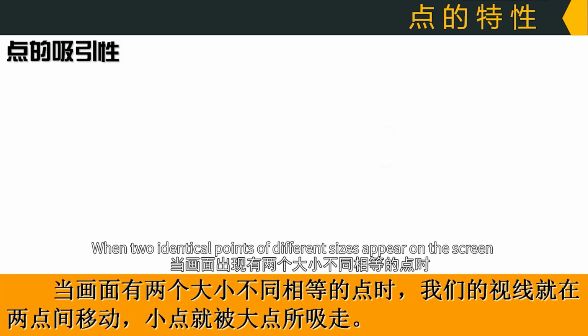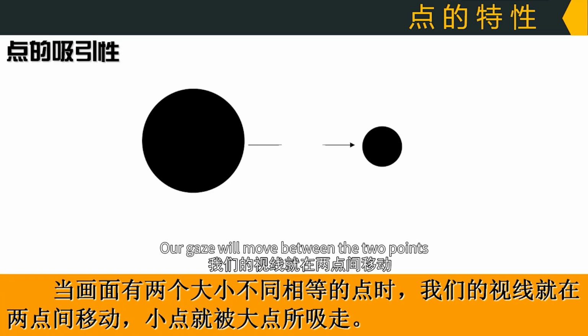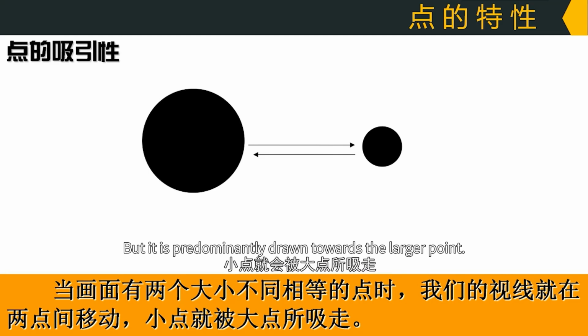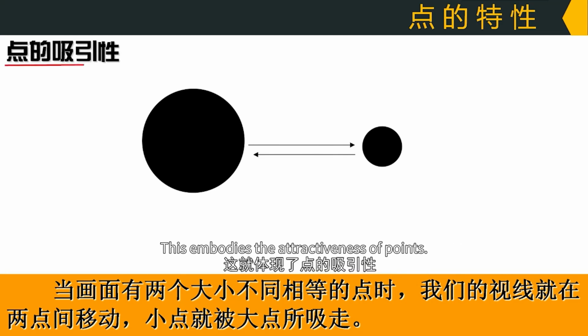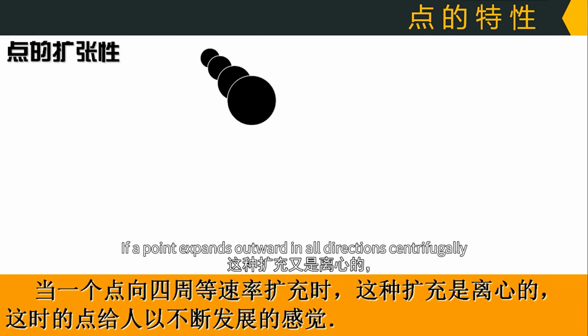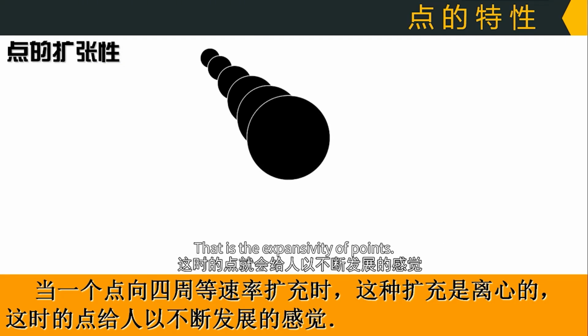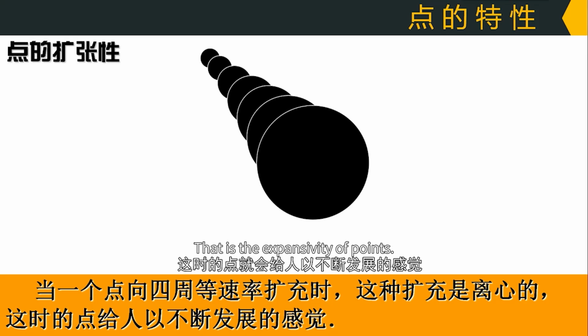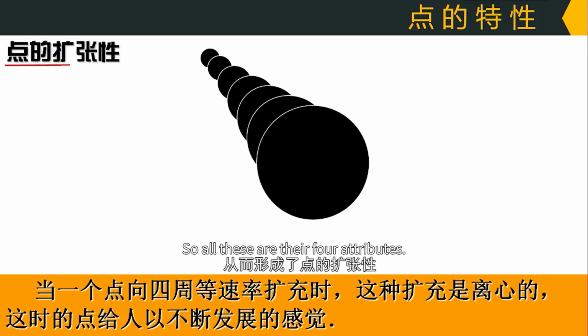When 2 identical points of different size appear on the screen, our gaze will move between the 2 points, but it is predominantly drawn towards the larger point. This embodies the attractiveness of points. If a point is bent outward in all directions centrifugally, it gives people the feeling of constant evolution, that is the expansivity of points. So all these are their 4 attributes.